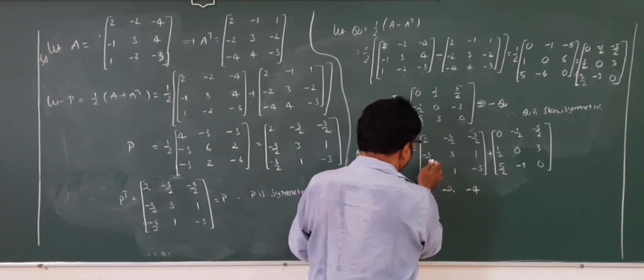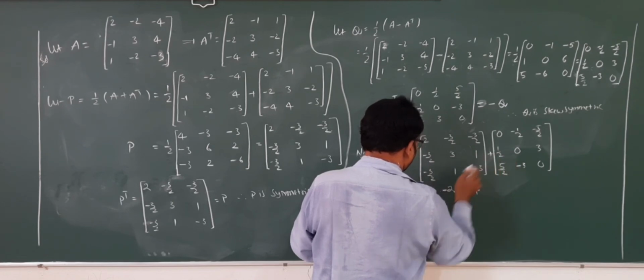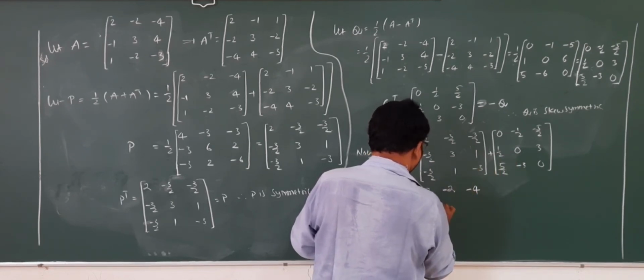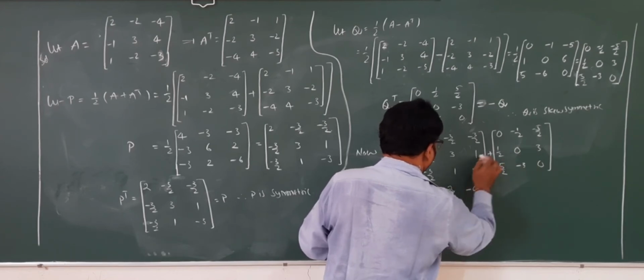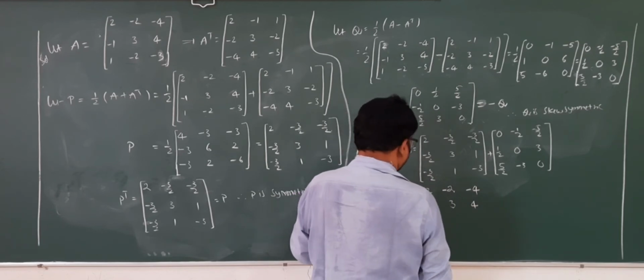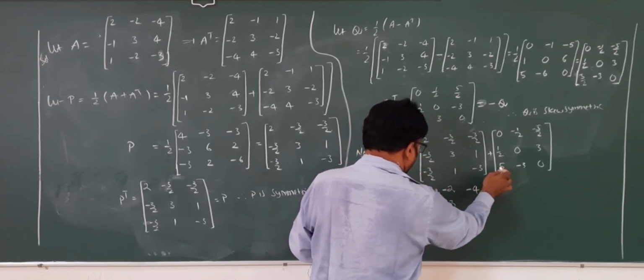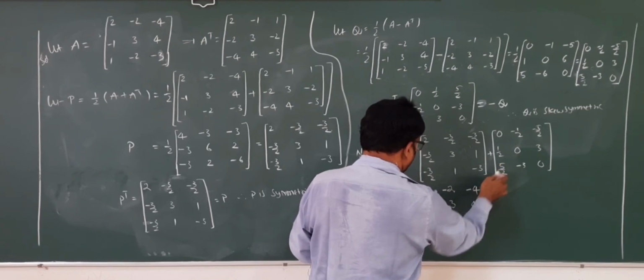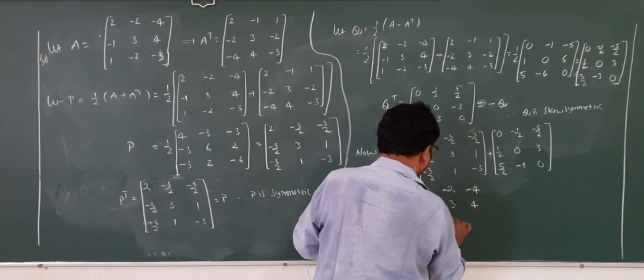Next, minus 3 by 2 plus 1 by 2, the value is minus 2 by 2, that means the value is minus 1. Next, 3 plus 0 is 3, 1 plus 3 is 4. Next, minus 3 by 2 plus 5 by 2 is 2 by 2, the value is 1. 1 minus 3, the value is minus 2.